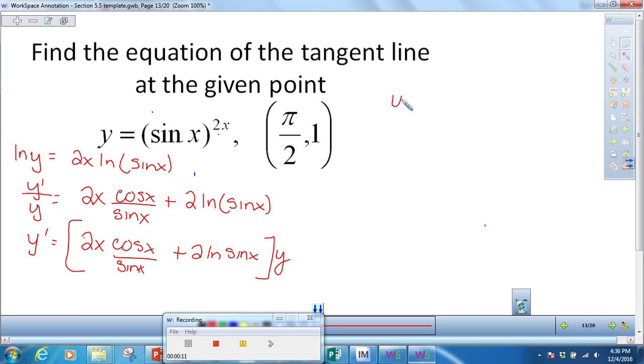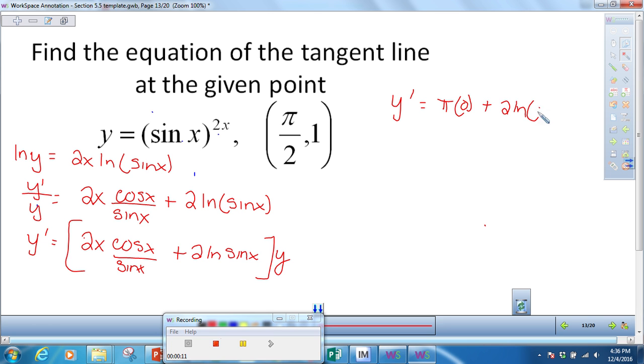So that gives me y prime is equal to 2 times pi over 2, which is simply pi, times cosine of pi over 2, or the cotangent. Cosine of pi over 2 is 0, so that's just going to be 0, plus 2 times the natural log of sine of pi over 2, which is 1.